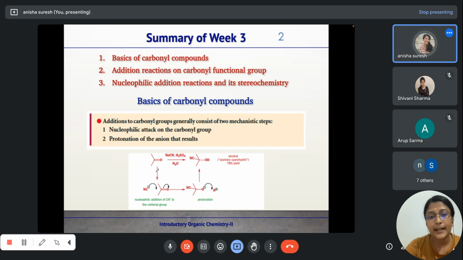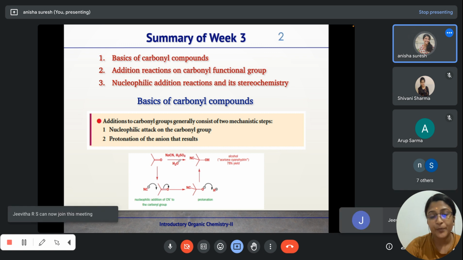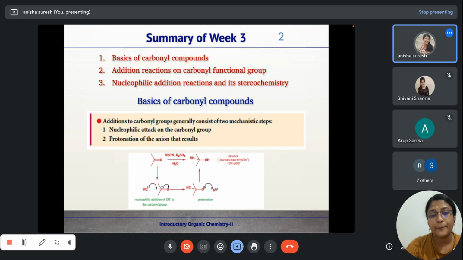So here this is the carbonyl compound. It was treated with sodium cyanide in the presence of H2SO4 and H2O. So sodium cyanide, the CN minus will be the nucleophile. So CN minus will add into this electrophilic carbon center, and this carbon oxygen double bond will break and this electron density will shift towards the oxygen.